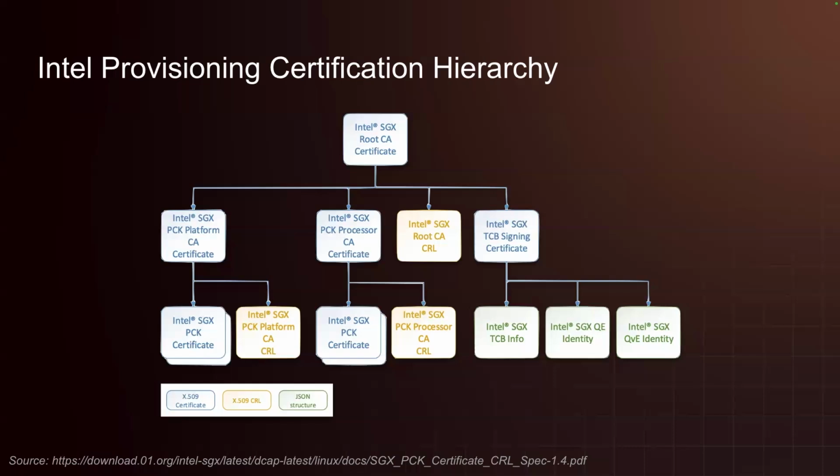If there's no PCK, then the enclave will generate a key based on the raw information that is present on the platform itself. So this is the reason why, at the moment, you're unable to verify non-type 5 quotes.